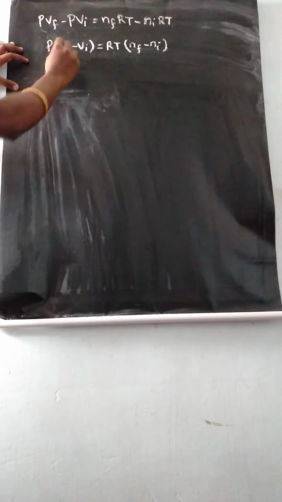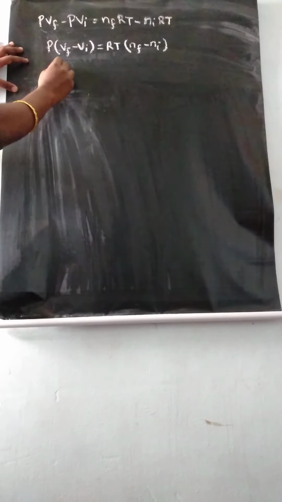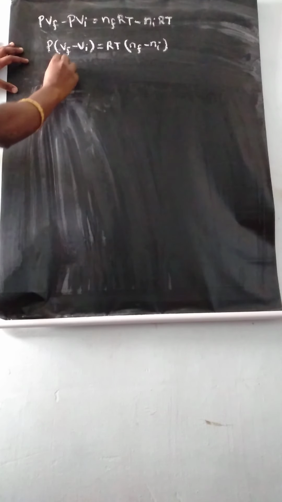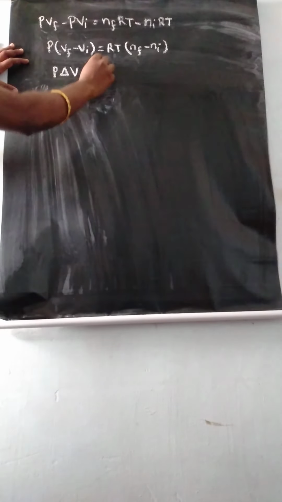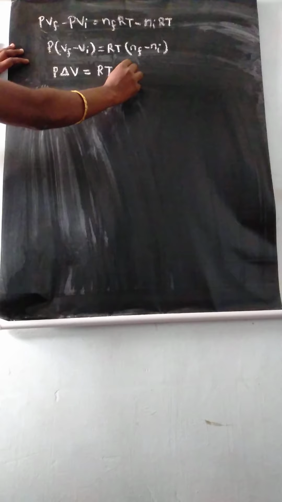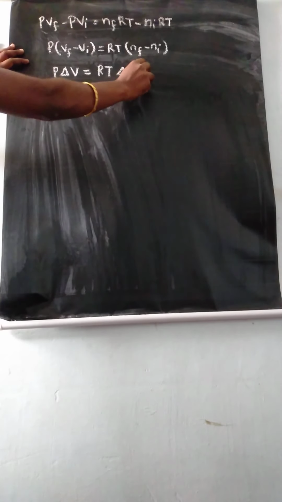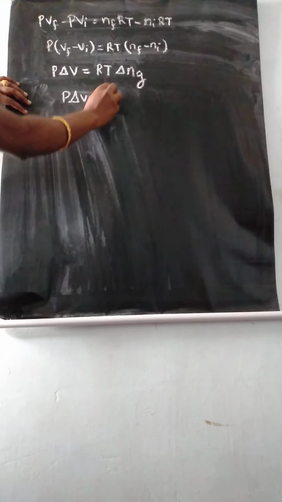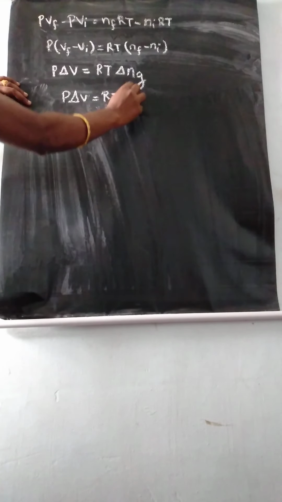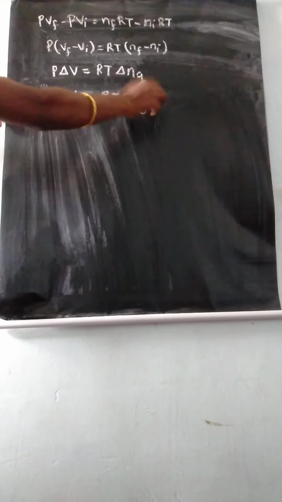Here Vf minus Vi is delta V, so P into delta V is equal to RT into delta N, the change in moles of gaseous products, delta Ng. So your formula is P delta V is equal to RT into delta Ng.